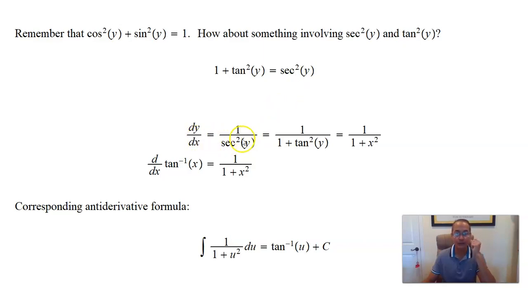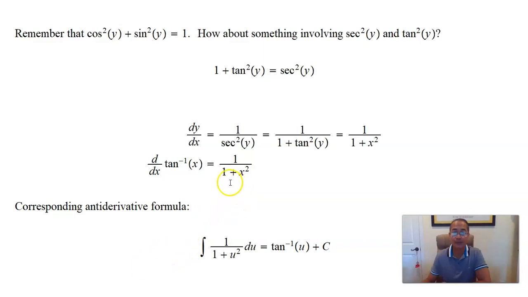So our derivative is 1 over secant squared y, which is 1 over 1 plus tangent squared y. So that becomes 1 over 1 plus x squared, because our tangent y is our x. Therefore, the derivative of the arctangent function is 1 over 1 plus x squared. It looks similar to the derivative of the inverse sine function, where we had square root of 1 minus x squared.